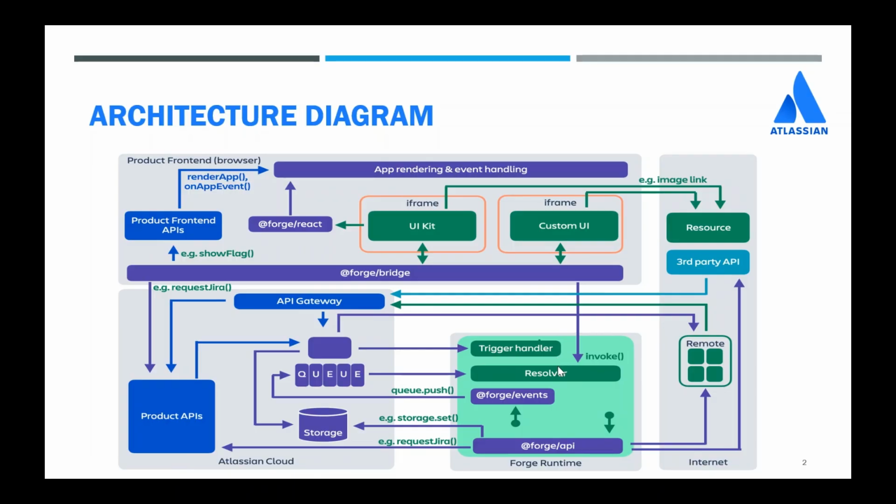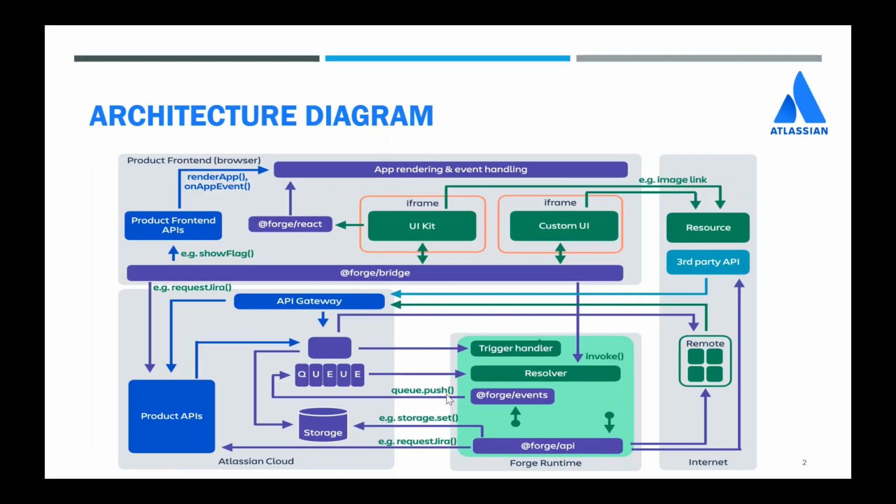You can also subscribe to events like issue created via Forge events. So here you can save data to Forge storage, call Atlassian APIs like requestJira, and interact with queues for async tasks, queues, those push.